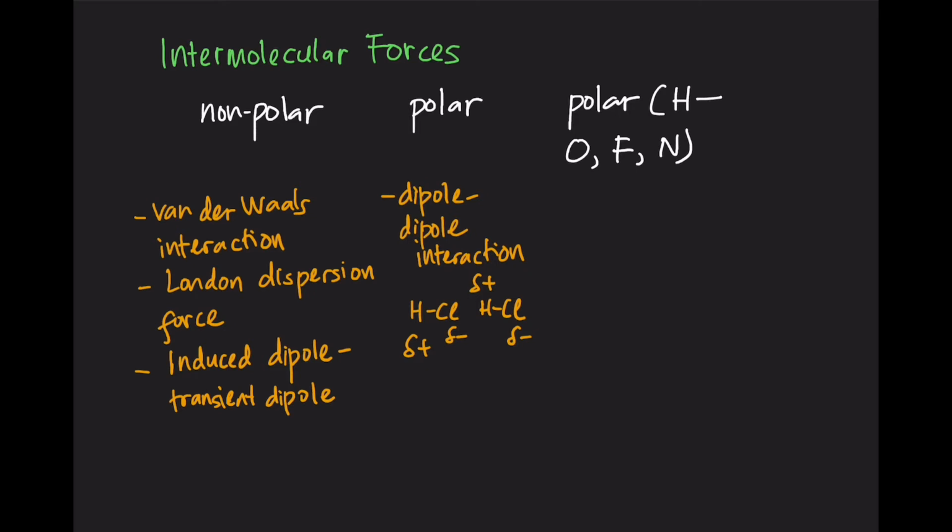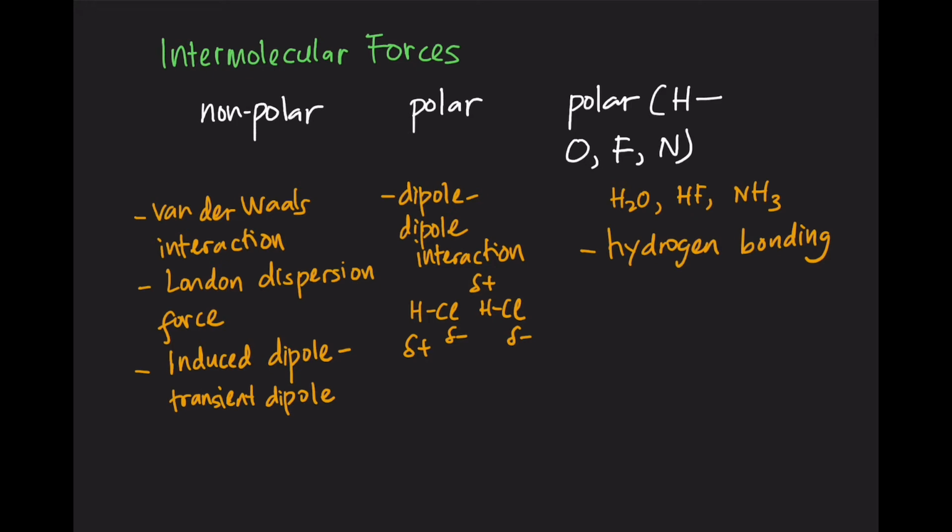Now, specifically for polar compounds that have a hydrogen atom bound to either oxygen or fluor or nitrogen, like in H2O, HF, and NH3 or ammonia, we have what we call the hydrogen bonding. And this is the strongest intermolecular force for covalent compounds.